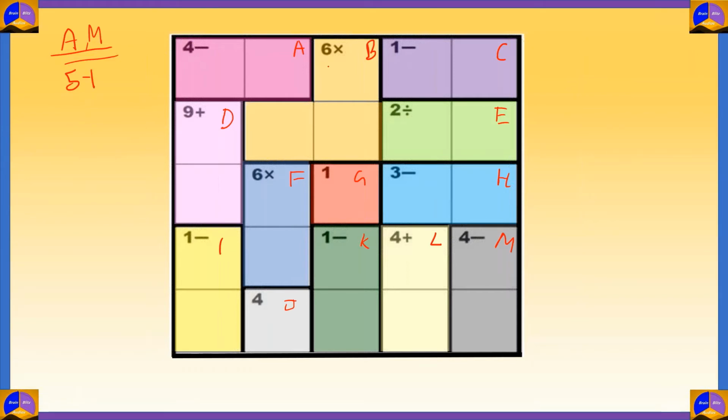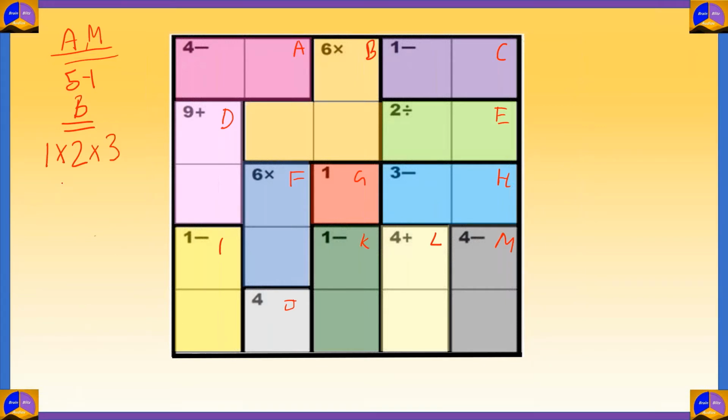Now let's look at cage B. In cage B, there are 3 cells and the operation is multiplication. After multiplying, our result must be 6. So the only option is 1 times 2 times 3.